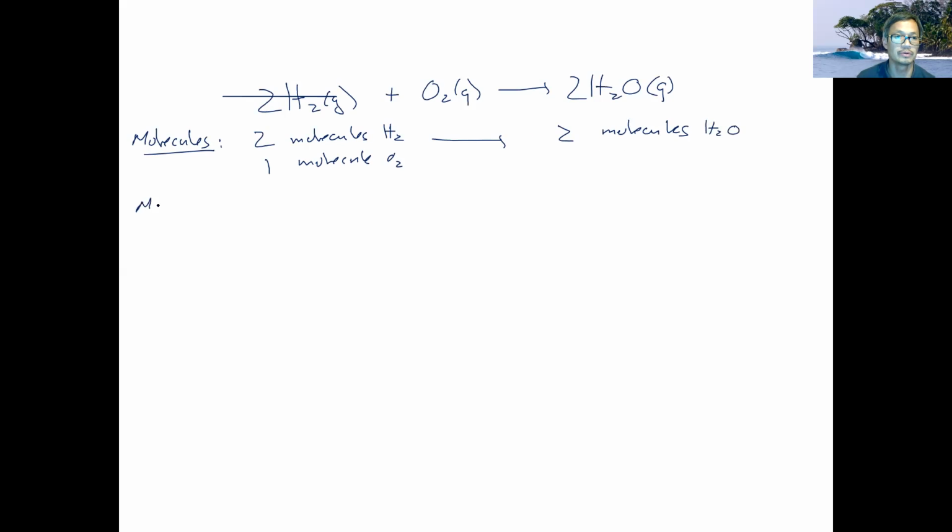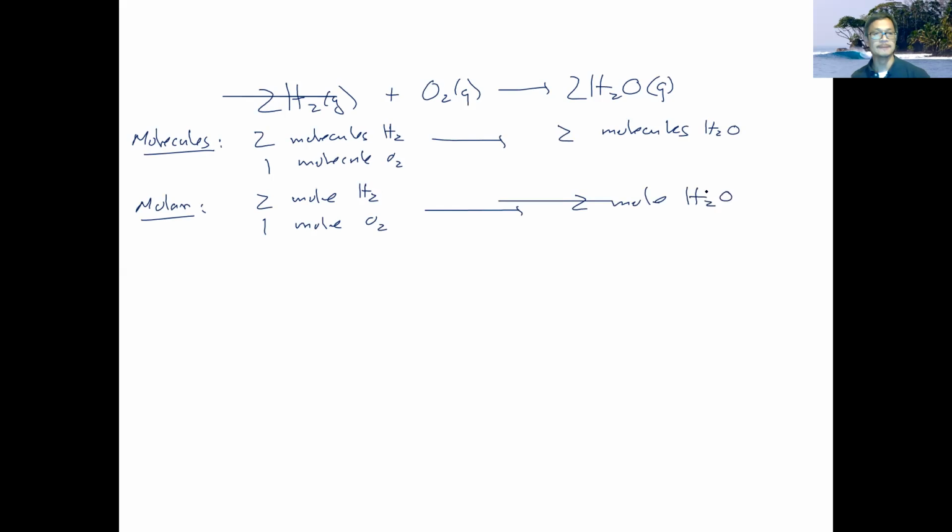At the molar level, we have then 2 moles of hydrogen reacting with 1 mole of oxygen, and that will produce for us 2 moles of water. Again, these we just take straight from the balanced equation.